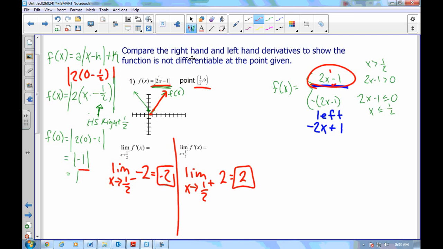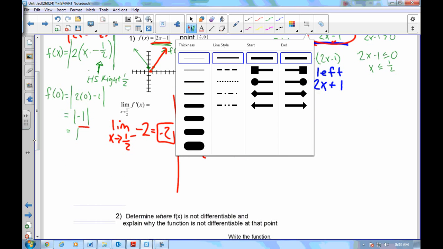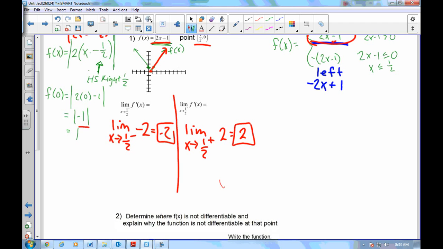So does the limit exist? Why not? Yep, because the left and the right limits are not the same, correct? Okay, so we say it is not differentiable.